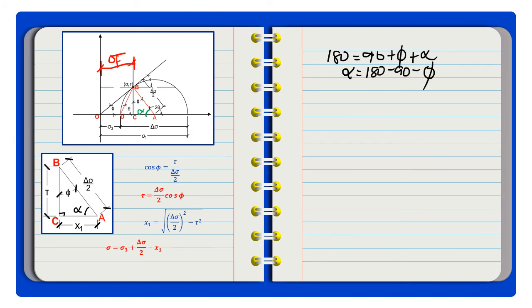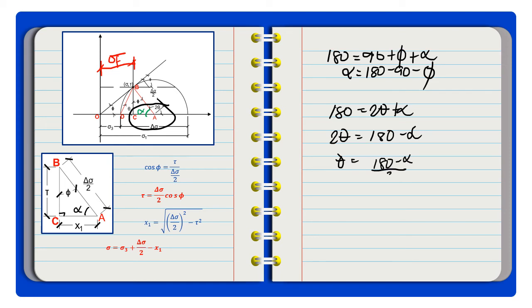Then, using this alpha, now, meron tayo ditong angle na to, which will correspond also to 180 degrees. So, that is 180 is equal to 2 theta plus alpha. So, ang kailangan na natin dito is si theta. So, we could have 2 theta is equal to 180 minus alpha. So, that is theta is equal to (180 minus alpha) over 2.